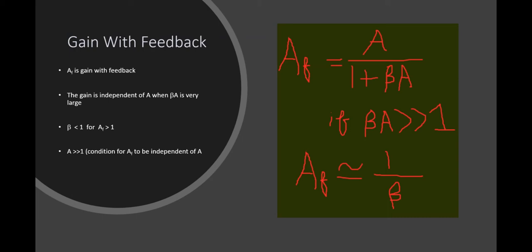In order to achieve a flat gain, that is a gain which is frequency independent in the operating frequency range, we have to compromise on the gain. An example is an op amp. Without feedback, the op amp has an extremely large gain.